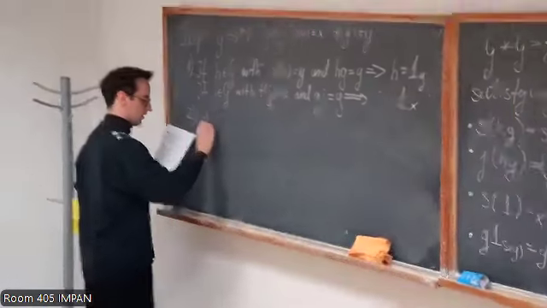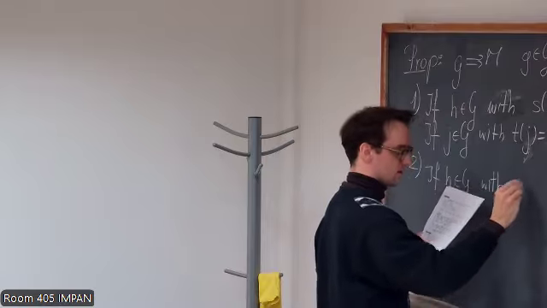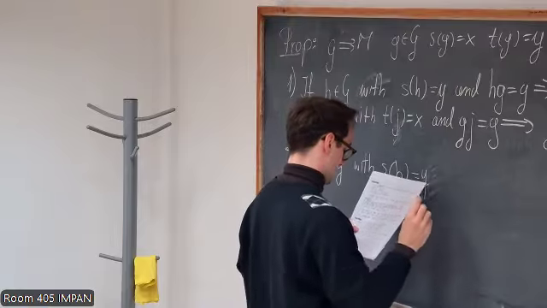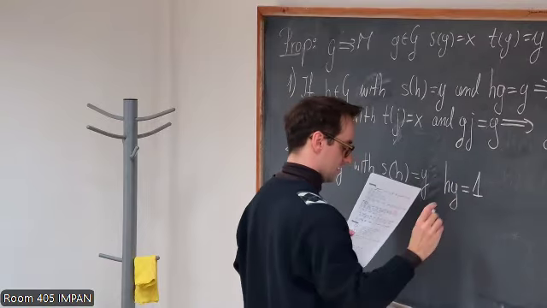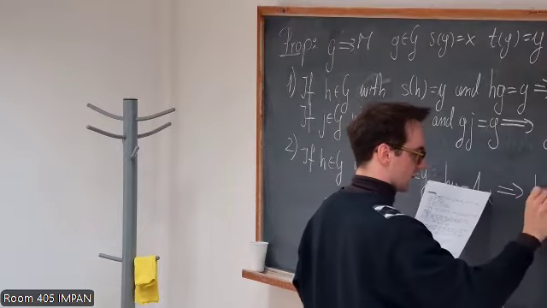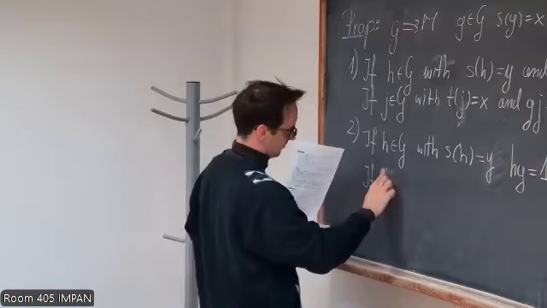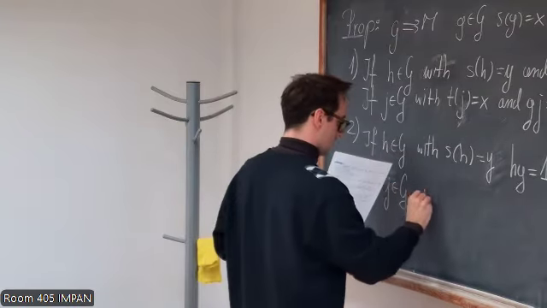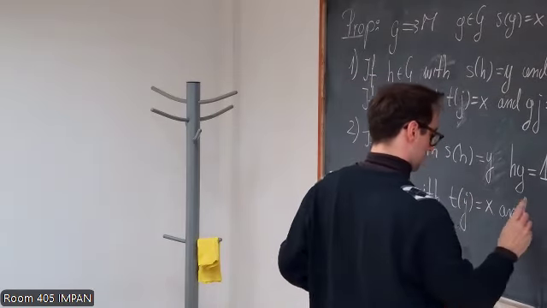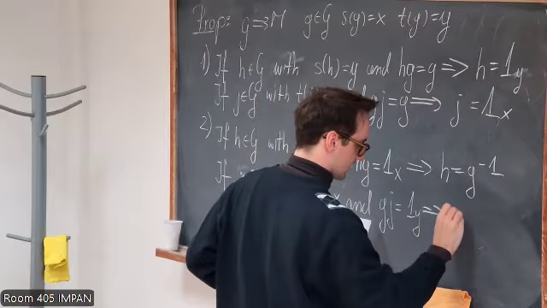And then for H in G with source of H equal to Y, and then HG is the identity of X, then it follows that H is equal to G^-1, and similarly on the right-hand side for G with target of J and GH is equal to 1 over J.